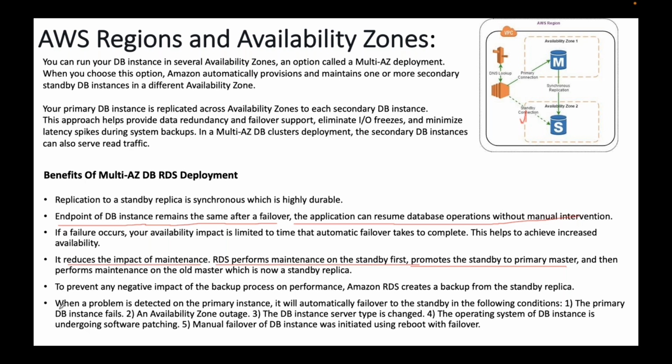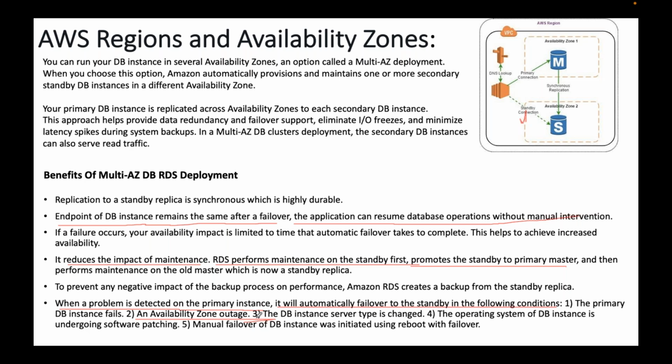Yes. When a problem is detected on the primary instance, it will automatically fail over to the standby under the following conditions. When the primary database instance fails, it will fail over to the standby automatically. If the availability zone where you have the primary has an outage, the standby becomes primary.